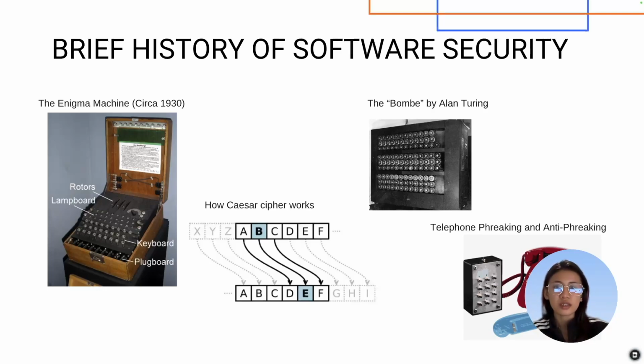But as this network expanded, some individuals discovered that the telephone system relied on specific audio tones for routing calls. By producing these frequencies, users could manipulate the network to gain unauthorized access to services, such as making free long distance calls.